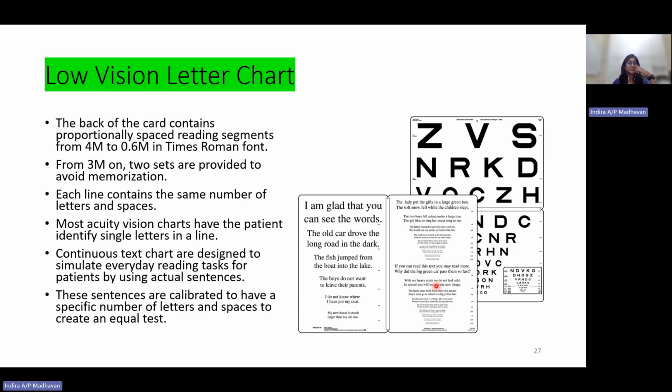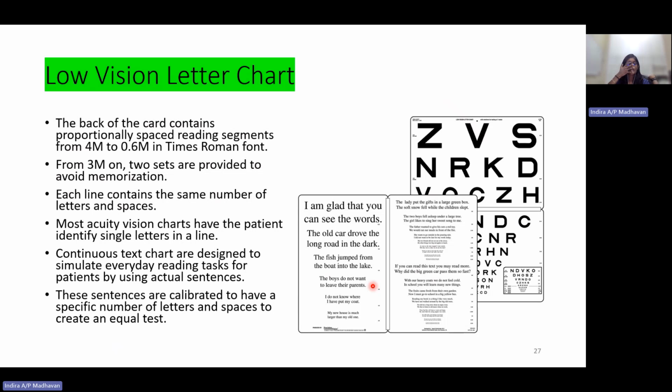So from 4 M, only one is provided. Then after that, from 3 M on, 2 sets are provided. So each VA has two sets, to avoid memorization. Each line contains the same number of letters and spaces, similar to the distance chart.